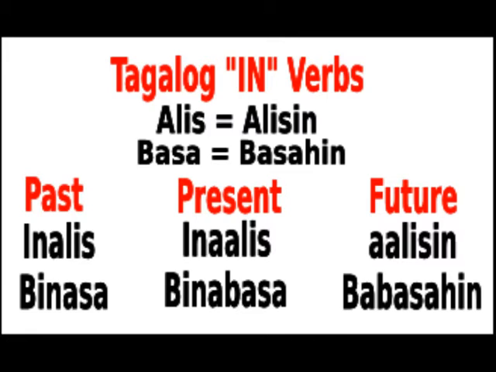3. Before root verbs that begin with an L, W, or Y, the infix in becomes a prefix ni to form the past and present tenses. Luto becomes niluto, walis becomes niwalis, yari becomes niyari.